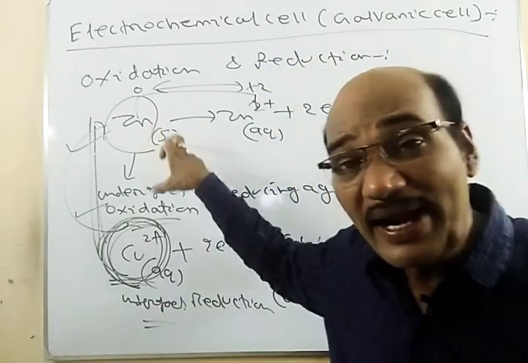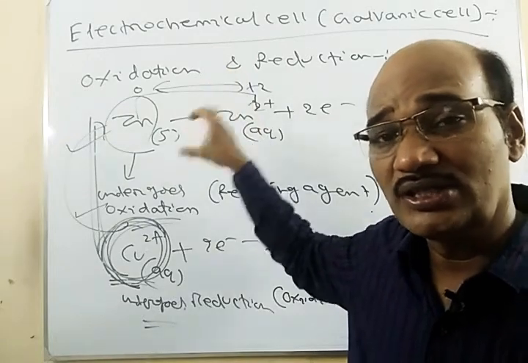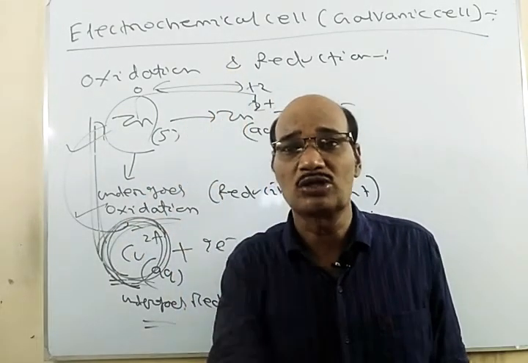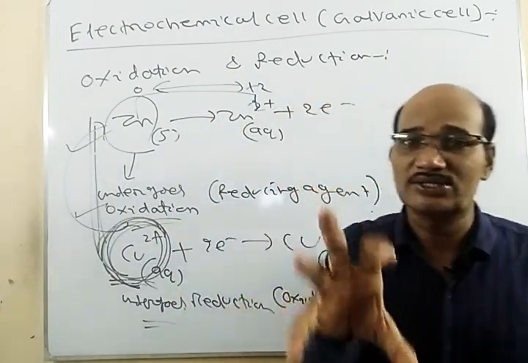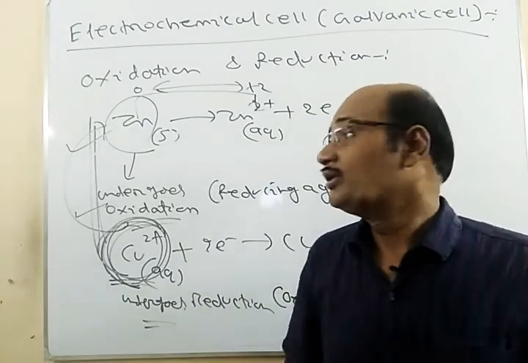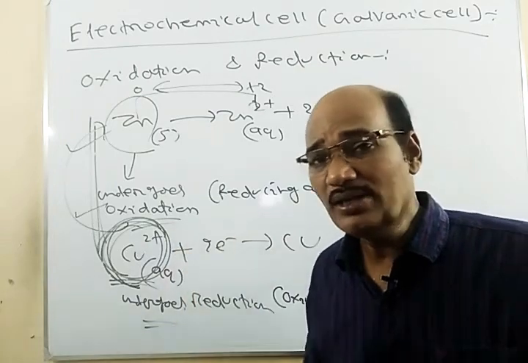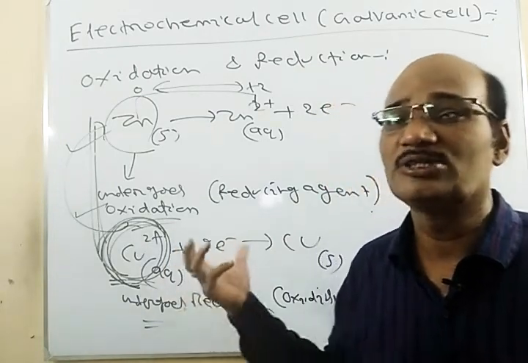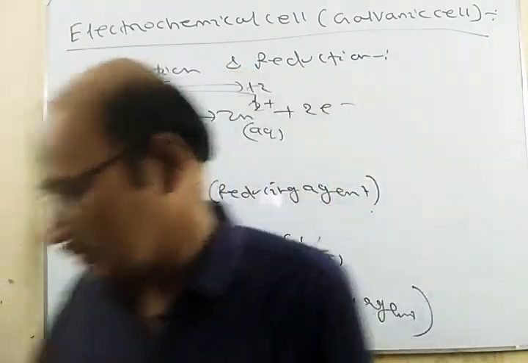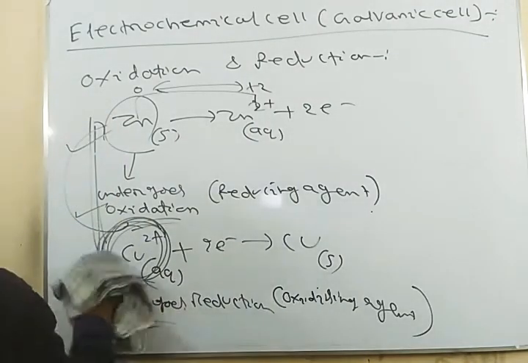And this indirect oxidation and reduction is the basis of your electrochemical cell or the galvanic cell. Okay, so let us discuss how the galvanic cell is constructed, how it works, and what its function is. Let us see the galvanic cell.